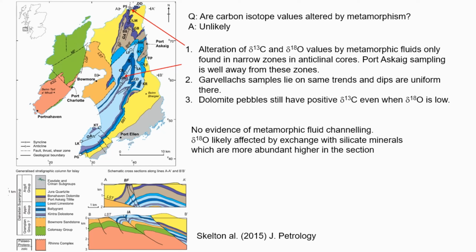The Port Askaig Formation is also low in organic carbon, but there are increasing amounts of silicates upwards in the succession, making it likely that the upwards trend in oxygen isotopes towards more negative values is related to isotope exchange with phyllosilicates.